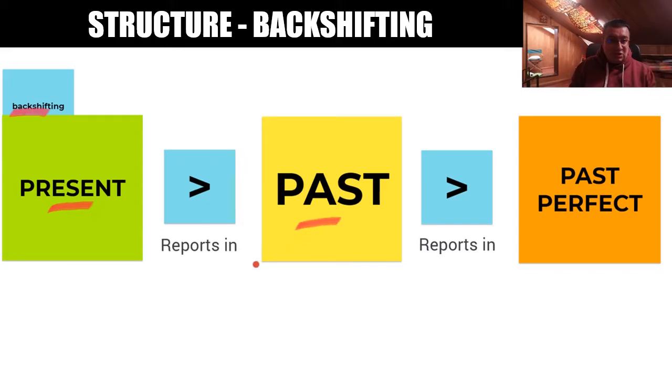So if it is in present continuous, you're going to report it in past continuous. Now, if you listen to something that is in past or present perfect, the backshifting has only one option, that is the past perfect. Now, if something has to be reported from the past perfect, we have nowhere else to go, so we just stay like that.